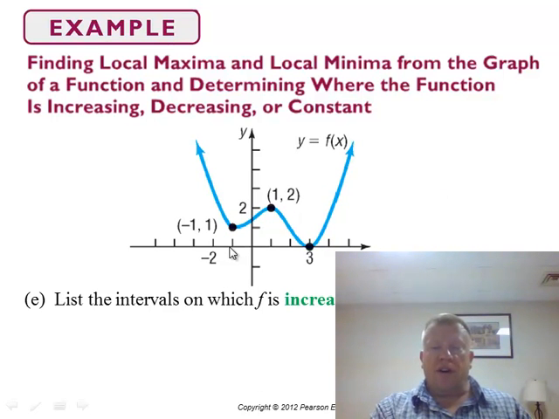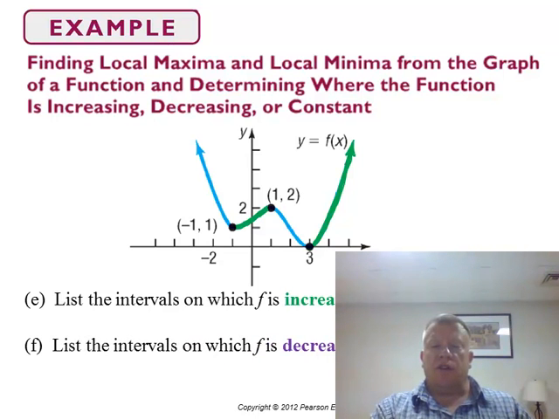Okay, where is the function increasing? Well, from here to here and also from here to here. In other words, on the interval from -1 to +1, and also on the interval from 3 to infinity. Those are the two intervals in which the function is increasing.